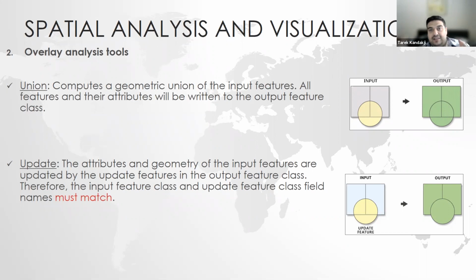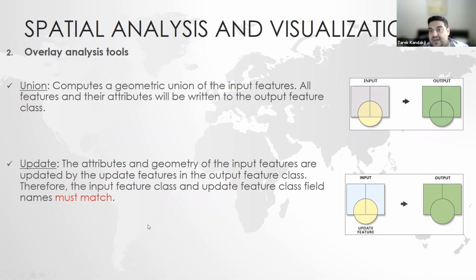So you add that new region to the old map, and then the output will be everything updated inside the old borders. The old borders data will be updated according to the new border shapefile, and that's why both layers have to have exact attribute table field names.